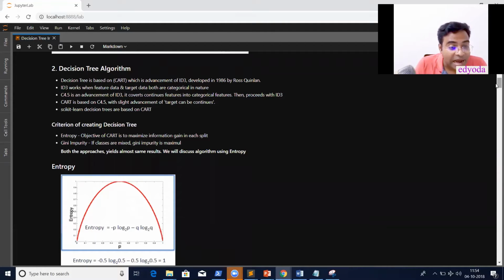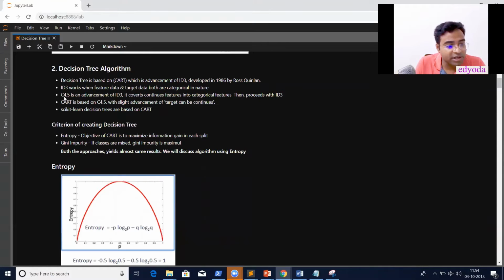It is based on CART, which is an advanced round of the ID3 algorithm invented by Ross Quinlan in 1986. ID3 is the one that we'll try to understand, and CART and the other advancements are based on it. The assumption of ID3 is that the columns are categorical. That means the feature data is categorical, and the target is also categorical. That's the fundamental assumption of ID3.